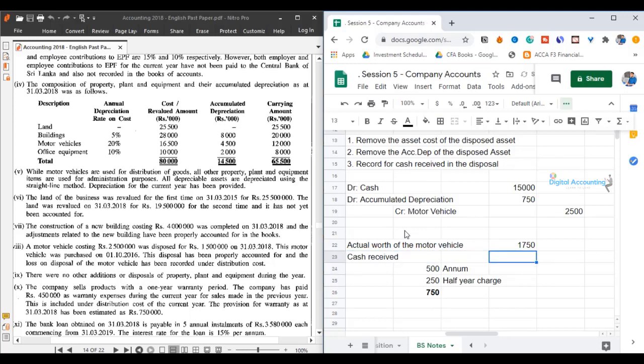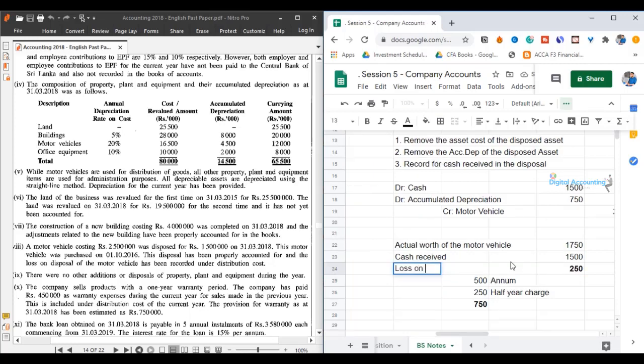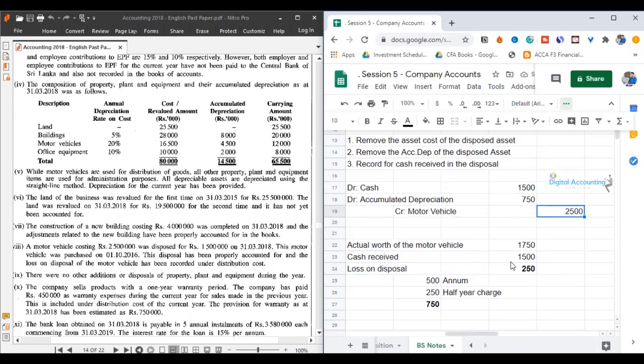So cash received is 1,500. So loss on disposal is 250. Here also you can compare. The cost we removed is 2,500 and the depreciation until now we charged is 750.